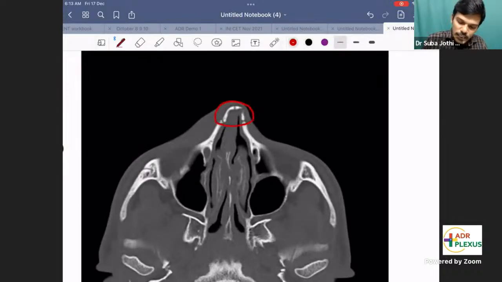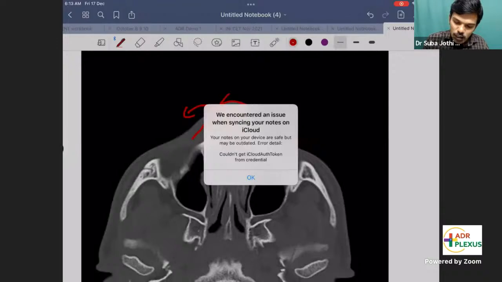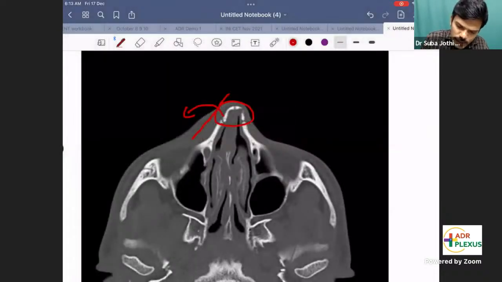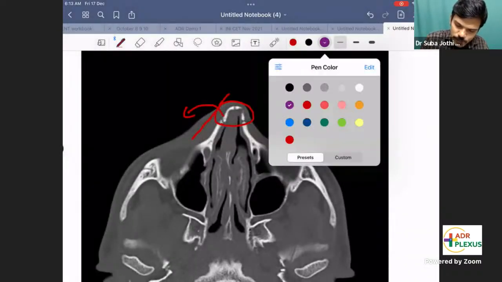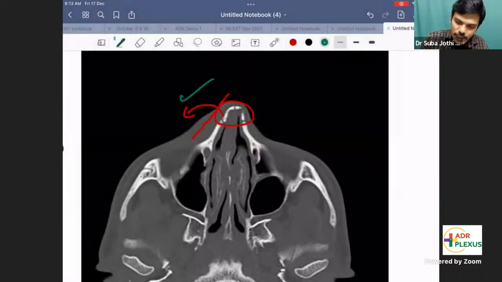Just look into this. Here, it is maintaining the same plane, but here it is not maintaining the same plane. It is displaced.